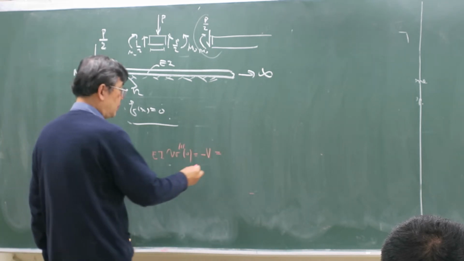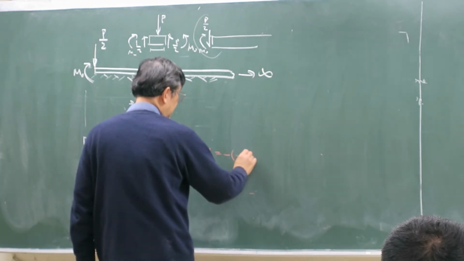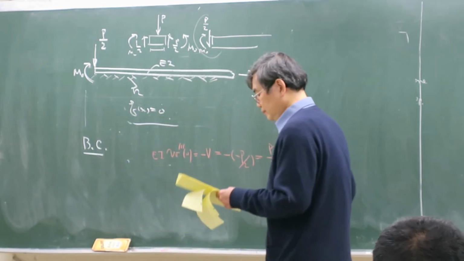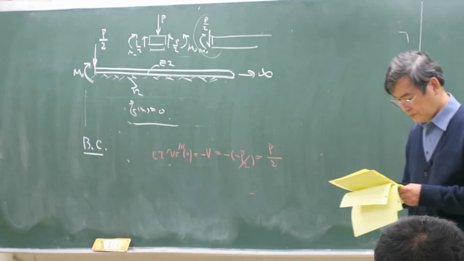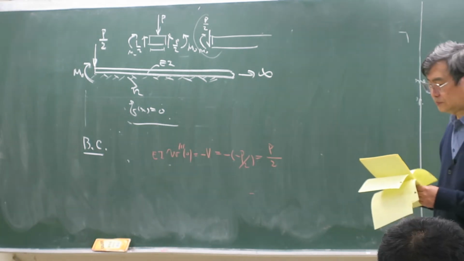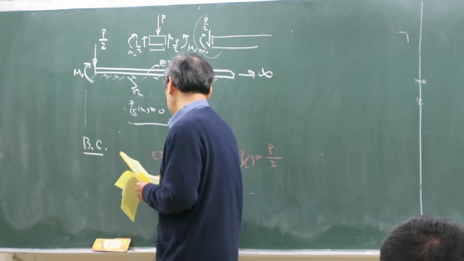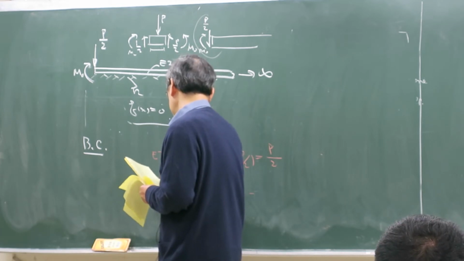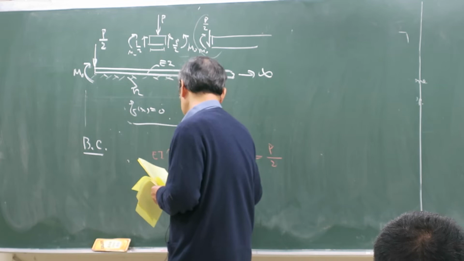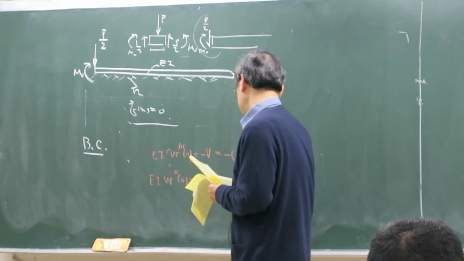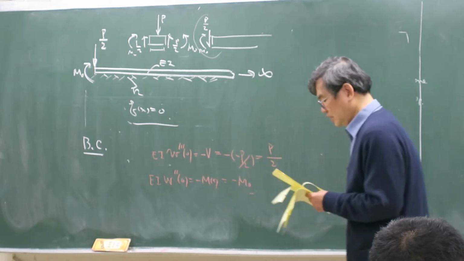So this is minus P over 2. And moment: EI W double prime at 0 equals minus moment. And this is minus M0.